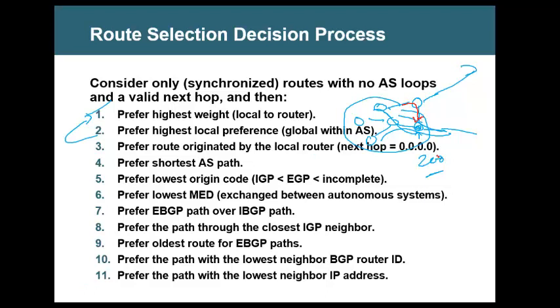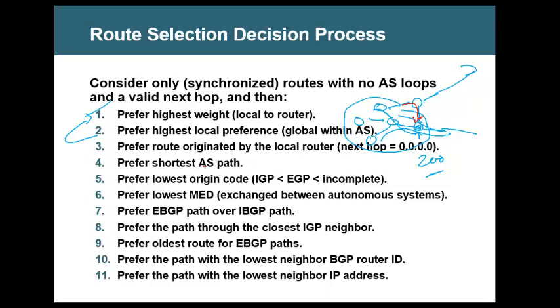So local preference is a tiebreaker when we set local preference. The default is 100. Only when you set local preference will it become a tiebreaker. What if I don't have local preference? No weight, no local preference.